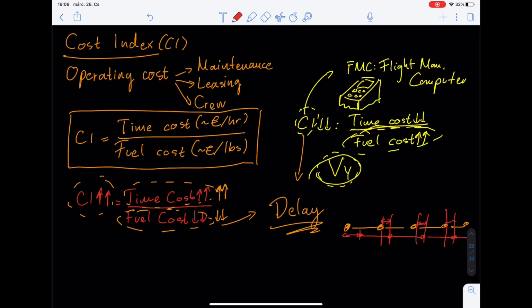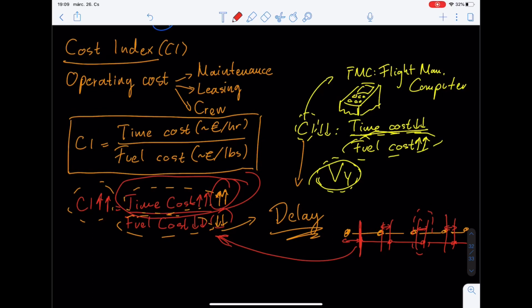So sometimes, to save time, you take off delayed, and at this point flight crews deliberately sometimes increase the cost index. What this does is make it seem to the flight computer as if the time cost is larger than the fuel cost. And practically speaking, it is at that moment, because time costs a lot of money at that point.